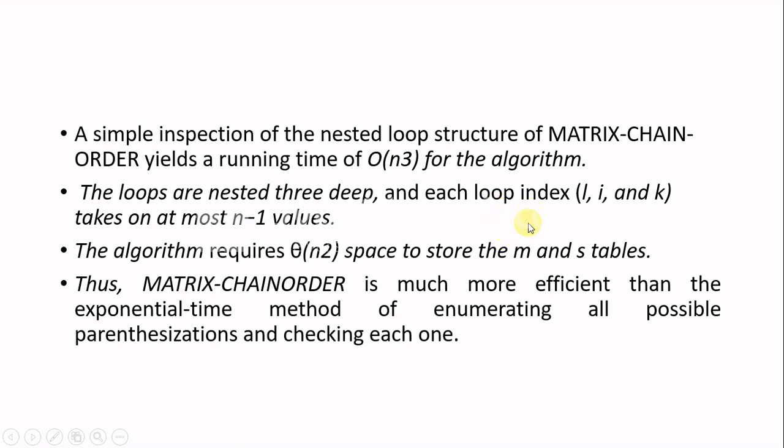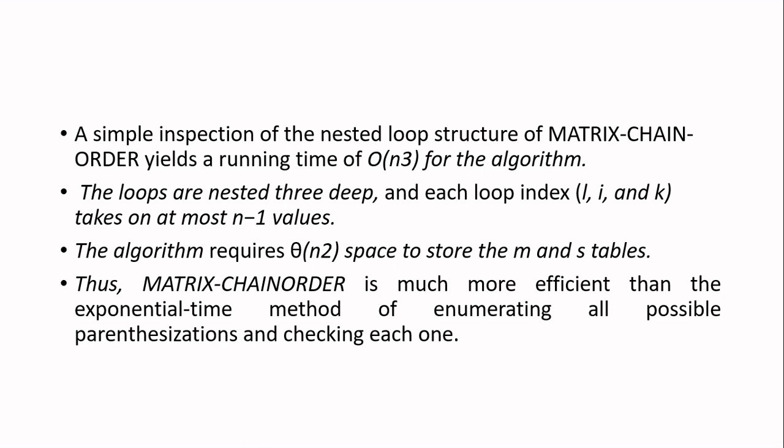So altogether there will be n square entries, and the S table will also contain S of 1 to n, 1 to n, which means it will also contain n square entries. So the space required to store M and S will be theta of n square. And thus the time complexity of this matrix chain order is big O of n cube, which is much more efficient than the exponential time method of enumerating all possible parenthesizations.